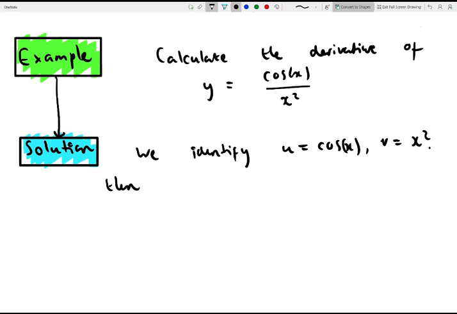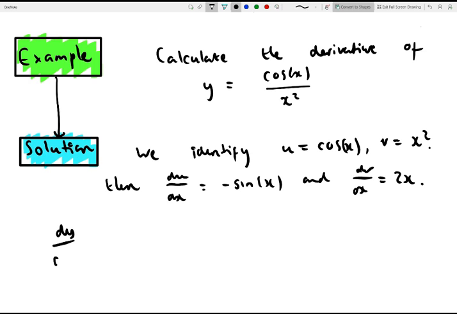then calculate du by dx, and that's minus sine of x, and we need to calculate dv by dx, which is just 2x.